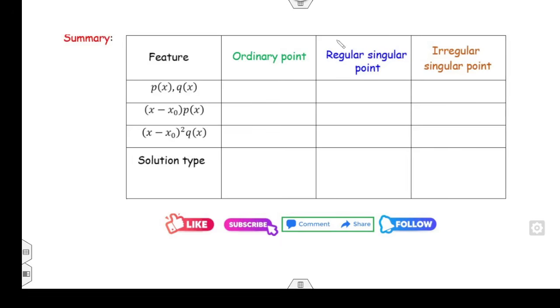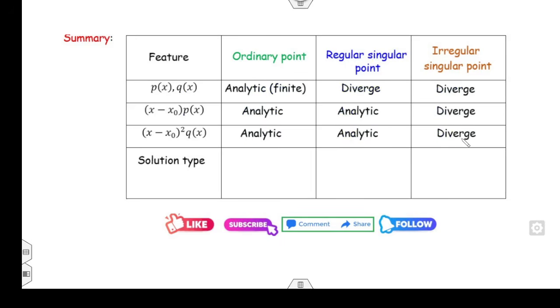If I summarize, for an ordinary point, p and q must be analytic. तो अगर p and q are analytic हैं तो ये भी आपका analytic होगा, fine, all are analytic. लेकिन अगर singular point है, p and q में से either one of them is not analytic, that means diverge, fine. लेकिन whenever you multiply x minus x naught, regular means the limit must be finite, finite means it is analytic, but in both the other cases it is divergent.